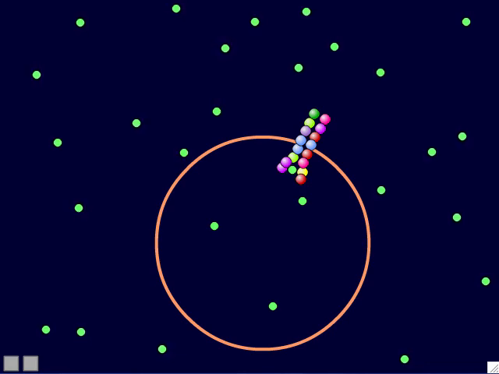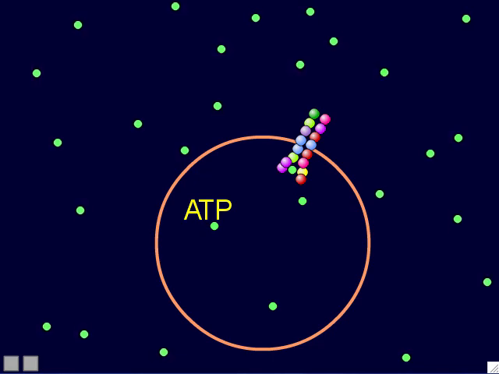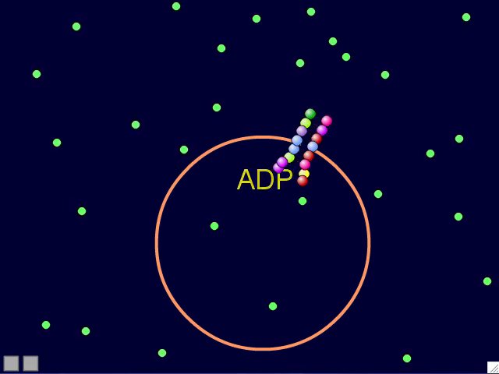But let's say that this channel protein requires energy to move that solute across the cell membrane. Well, just like enzymes do, channel proteins that need energy can use ATP as an energy supply. So that channel protein would bind ATP, and by changing that ATP into ADP, getting the energy out of it, the channel protein would get the energy it needs to pump that solute out of the cell.